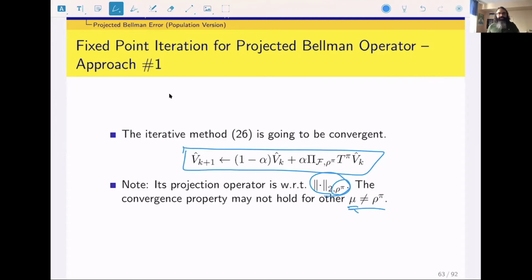And maybe one question for you: in analyzing L, I wanted to show that it's a contraction, and here I'm using the contraction with respect to the L2 norm of rho pi. So why didn't I show the same thing with respect to the supremum norm? Because we know that the Bellman operator is a contraction with respect to the supremum norm. Why didn't I use that?